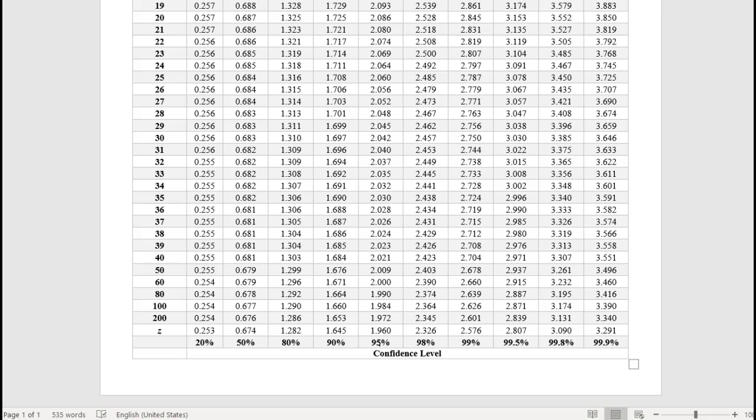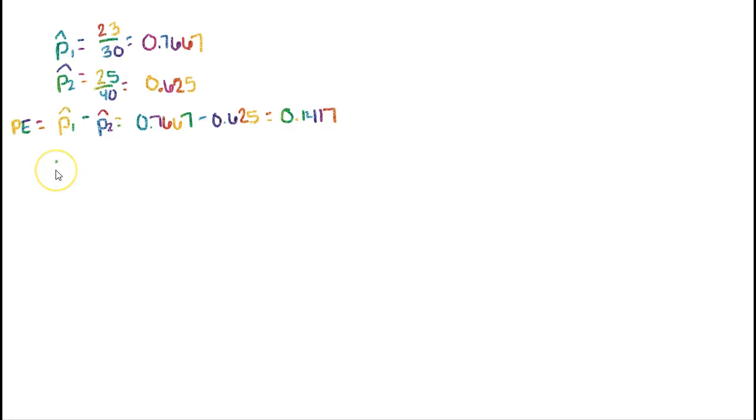And that is what we're going to use for our Z alpha over 2 number, 1.960. All right, the critical value Z with the subscript alpha over 2 is going to be 1.960. Okay, all right, now what do we want to do next?